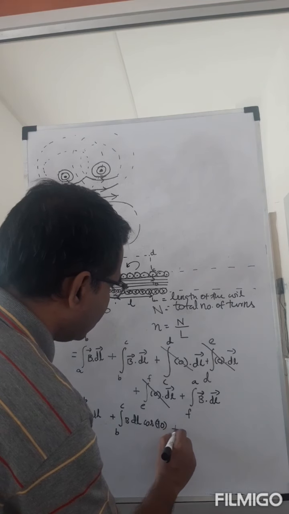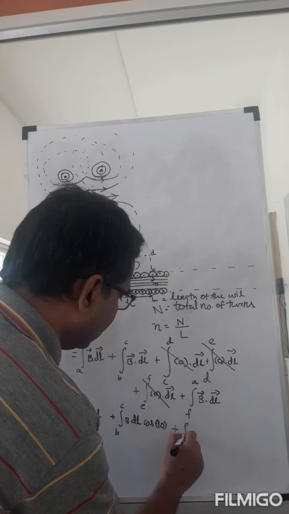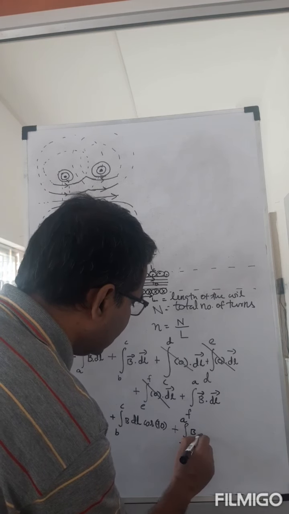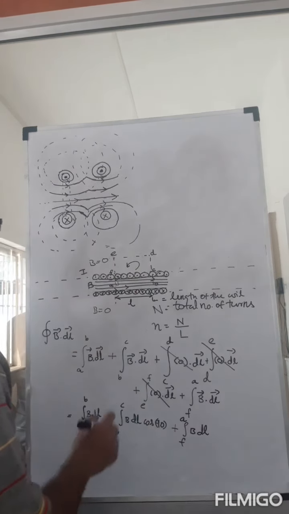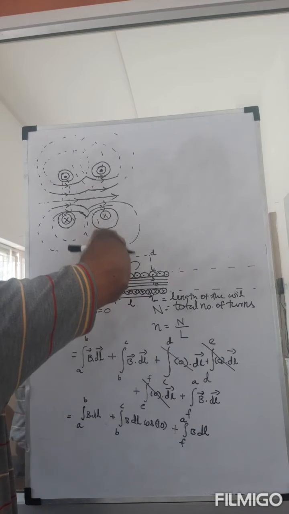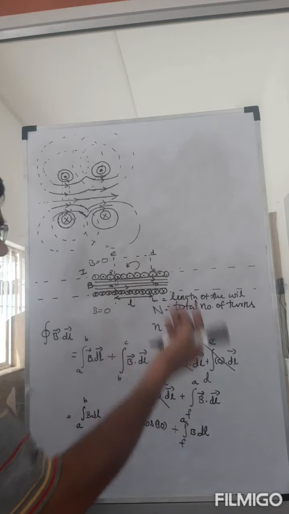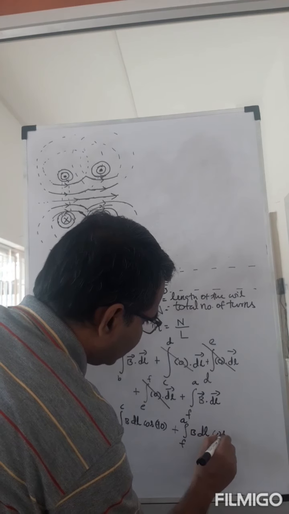Then plus here F into A, again BDL. Now what's the cos theta now? B is in this direction, DL is in this direction, so the angle again is cos 90.